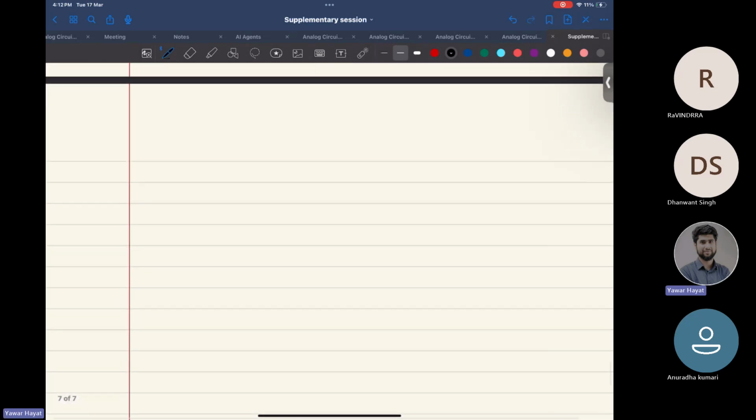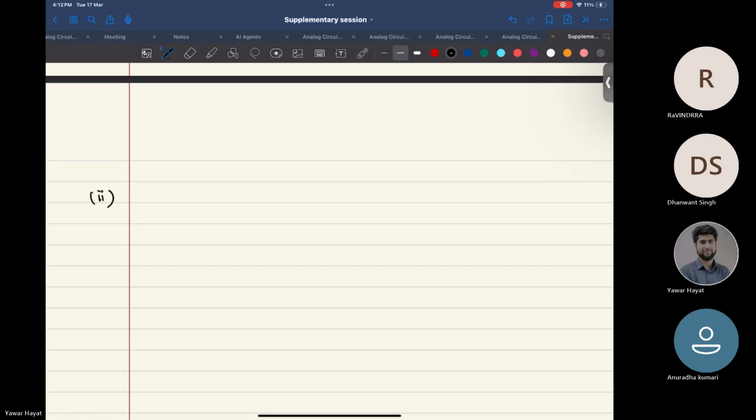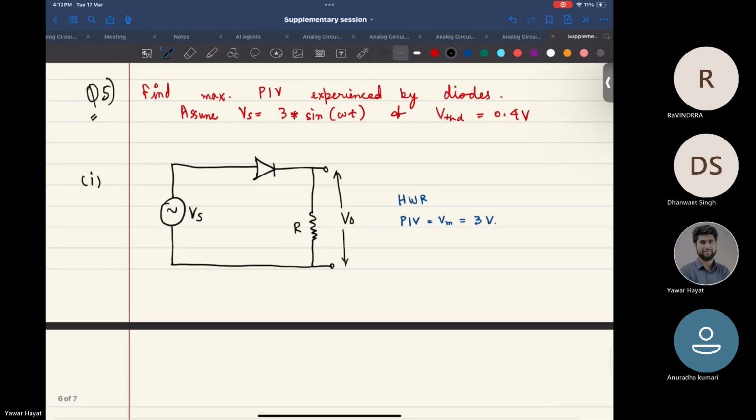For the second part, let me take a full wave rectifier. How does a full wave rectifier look like? Actually, I have a modification for that.